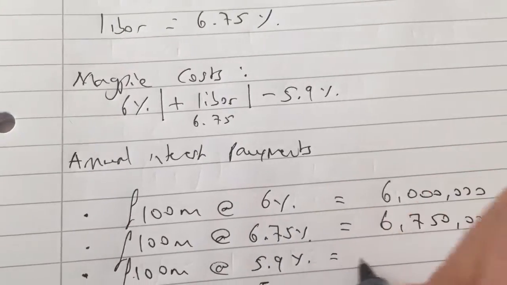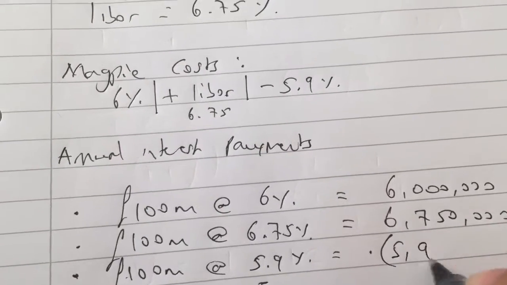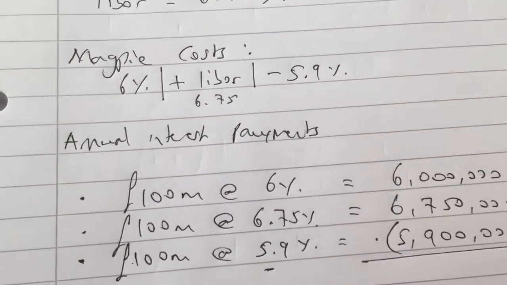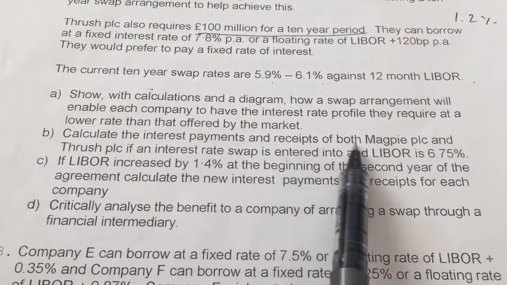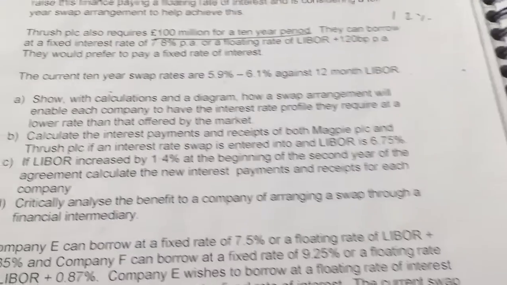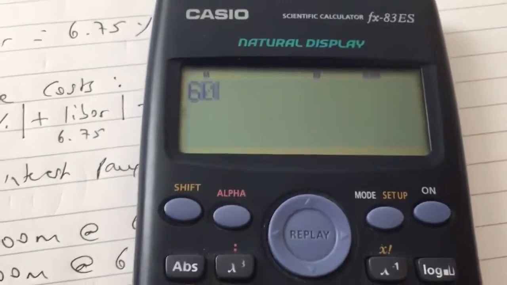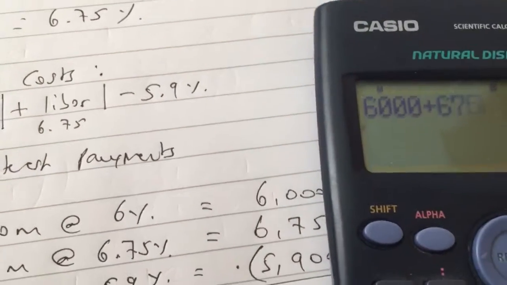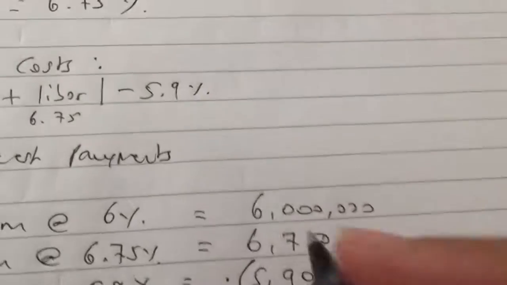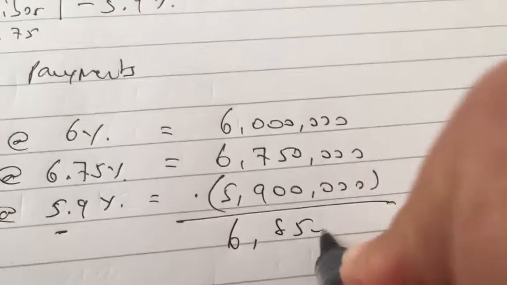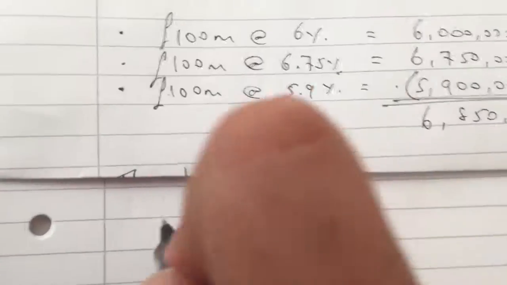This equals negative, do brackets instead, negative 5,900,000. They want us to calculate the interest rate payments and receipts for Magpie and Thrush when LIBOR is 6.75%. So these are their payments. 6 million, add the 6,750,000, take away the 5,900,000 equals 6,850,000. So the payments are 6,850,000.